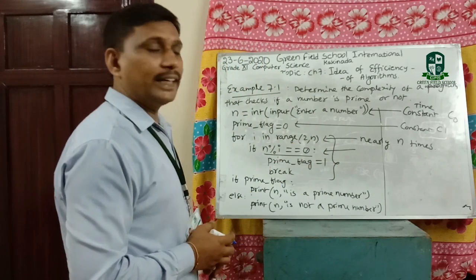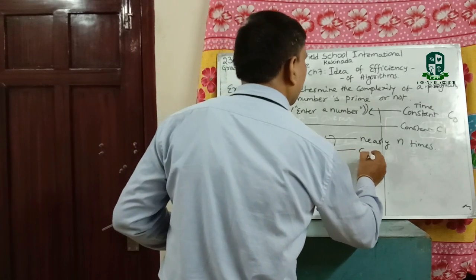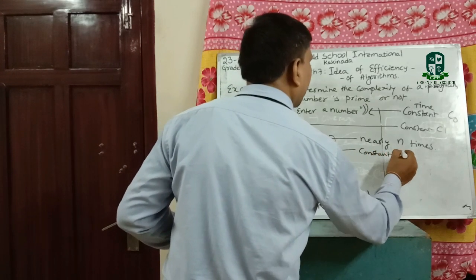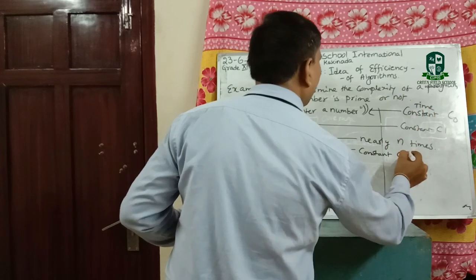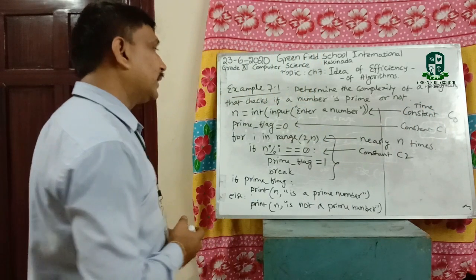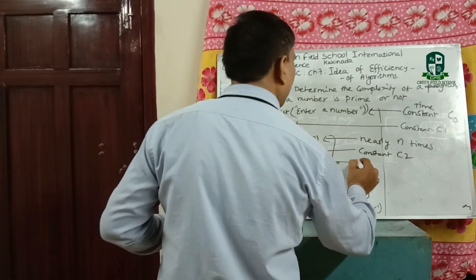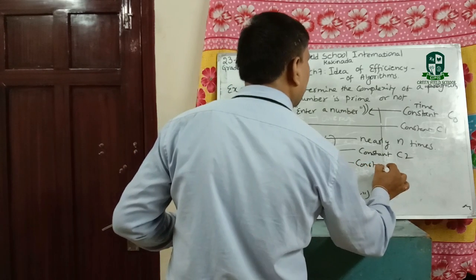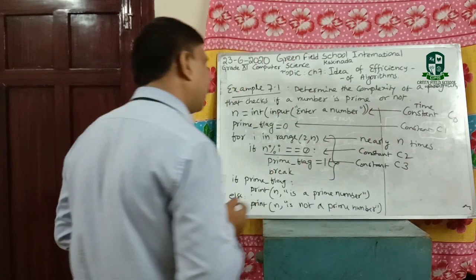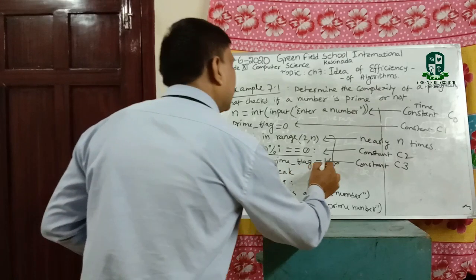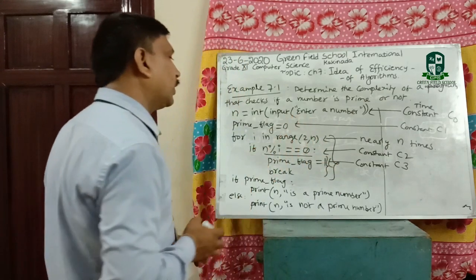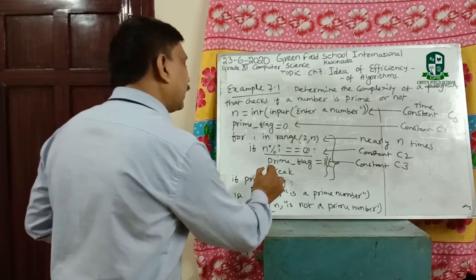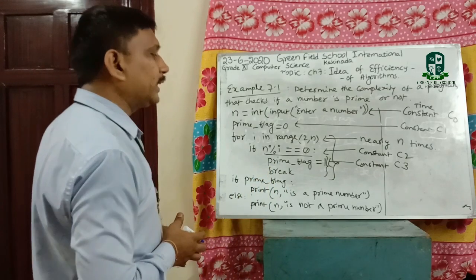To evaluate this condition, we assume a constant time C2. The time taken to execute prime flag is equal to 1 and the break statement is C3.